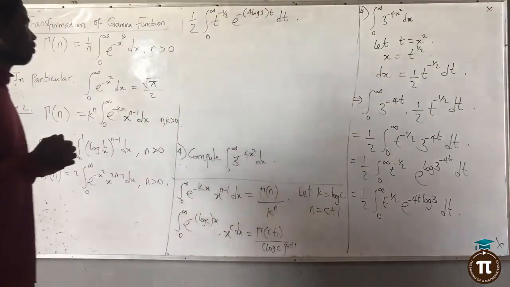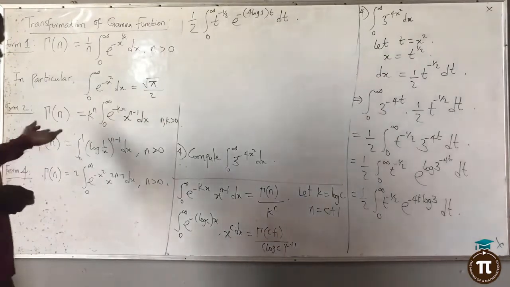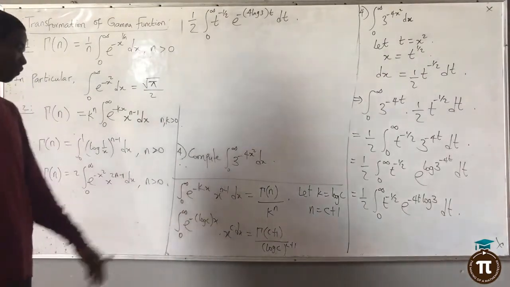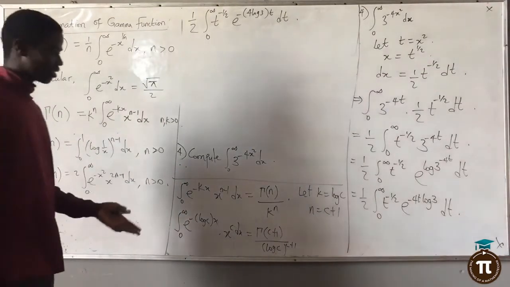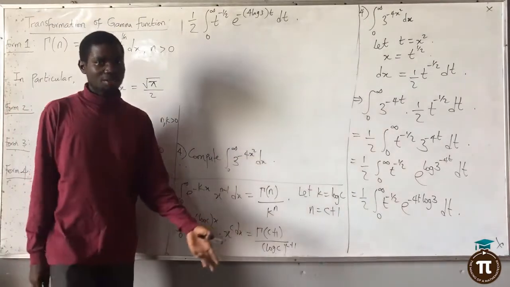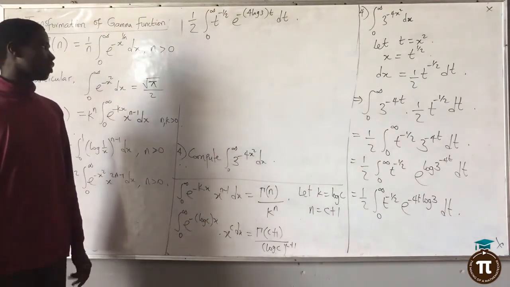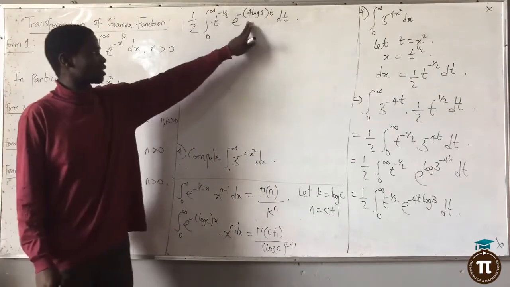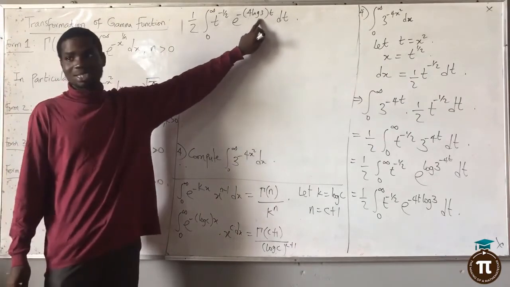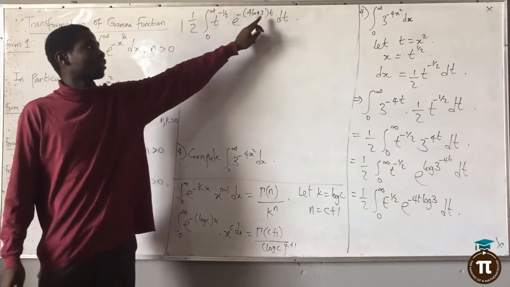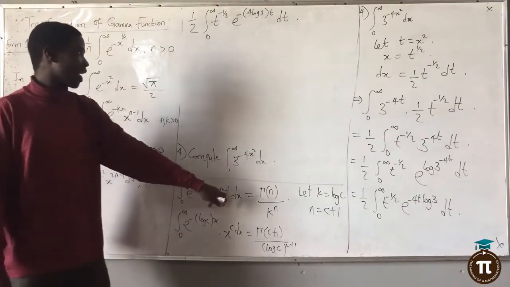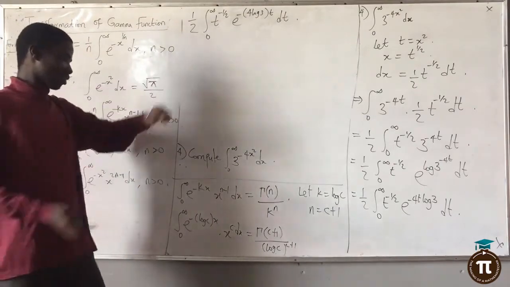That's what I'm going to have. So again, I will use this formula 2. Formula 2 has been helpful in all the exercises I have written today. Now, you can see it's obvious, this is our k. K will be 4 log 3 and our n will be what?